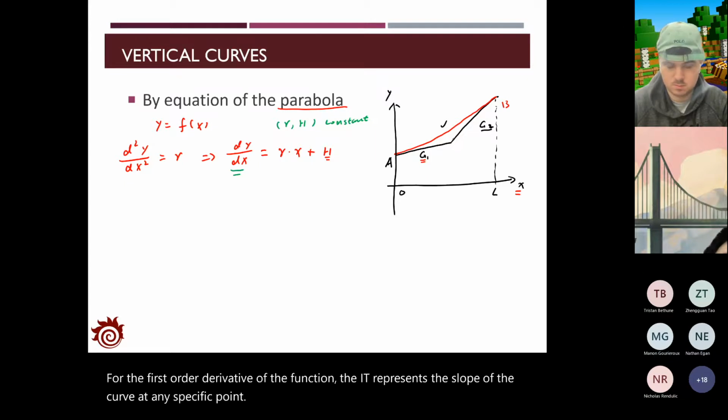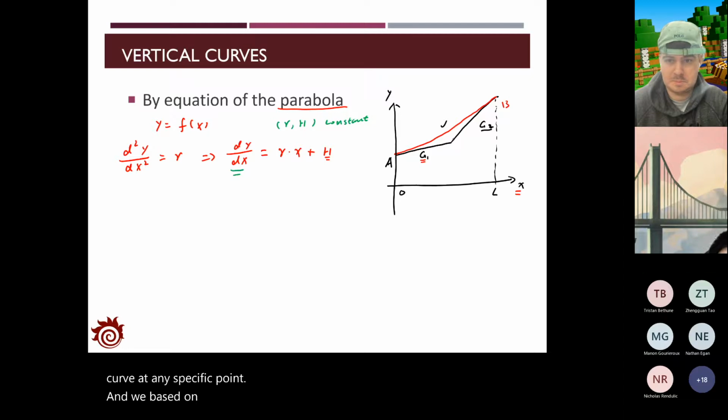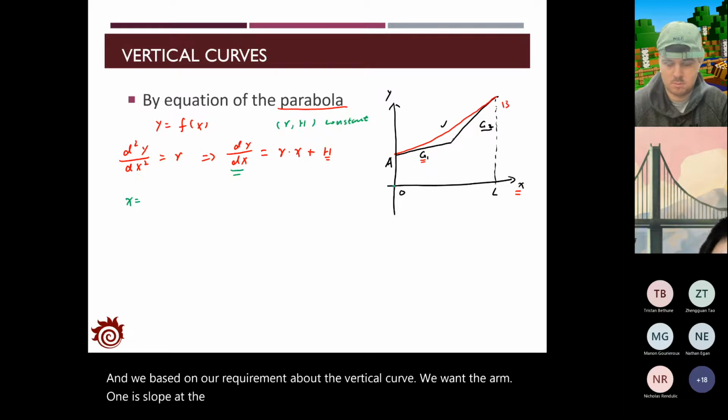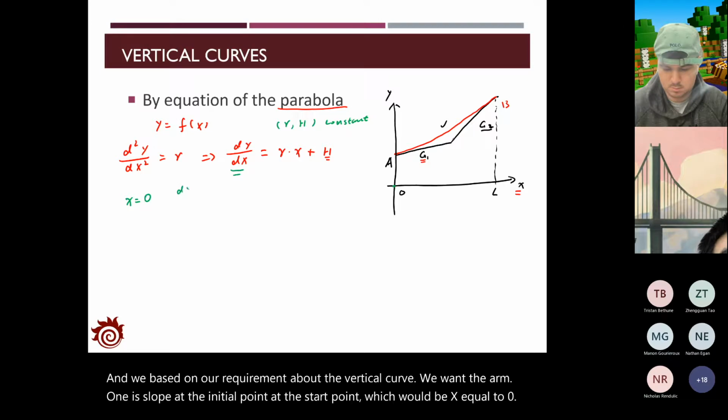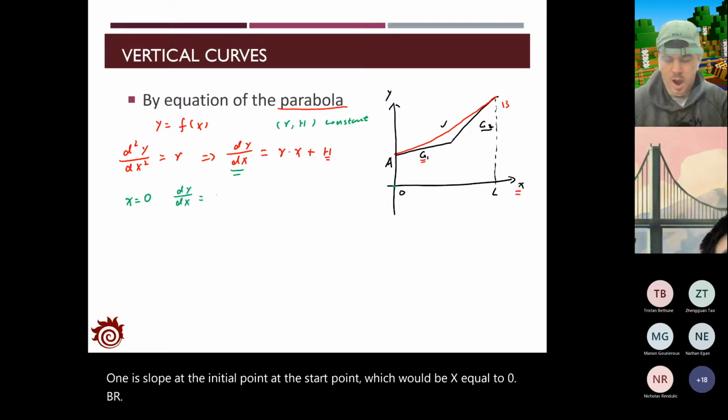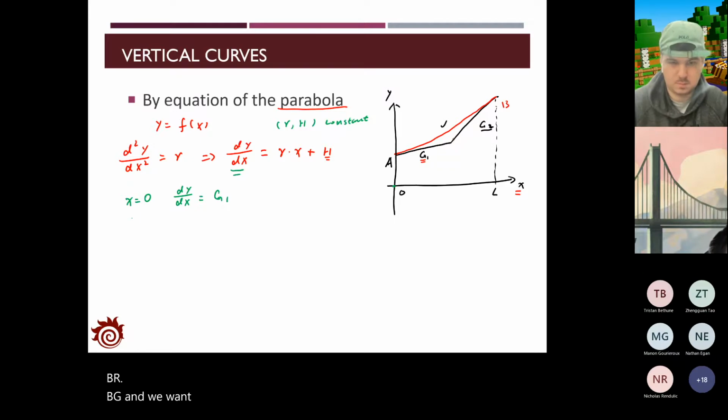And based on our requirement about the vertical curve, we want the slope at the initial point, the start point, which would be x equal to 0, to be G1, and we want the slope at the end point to be the slope of the second line.